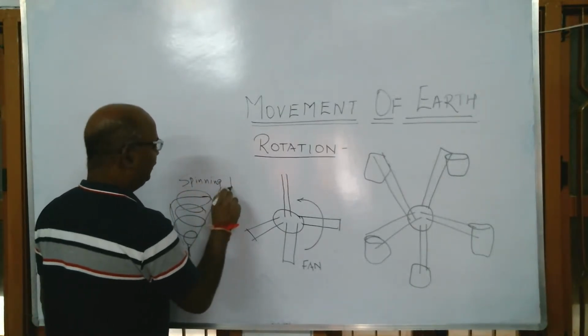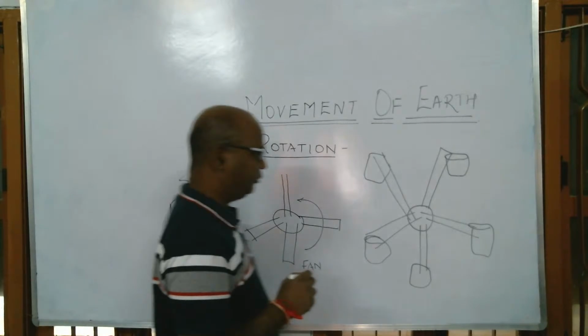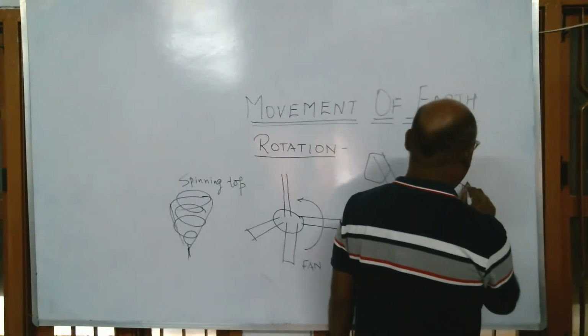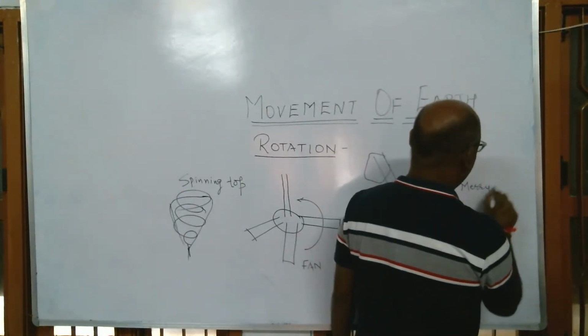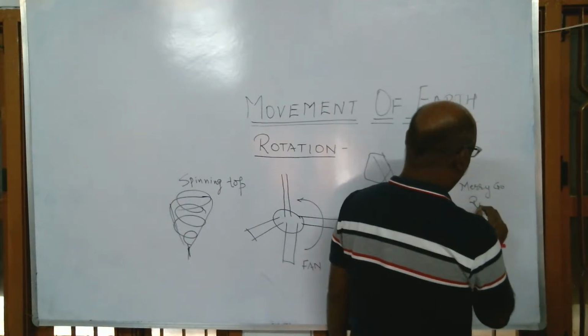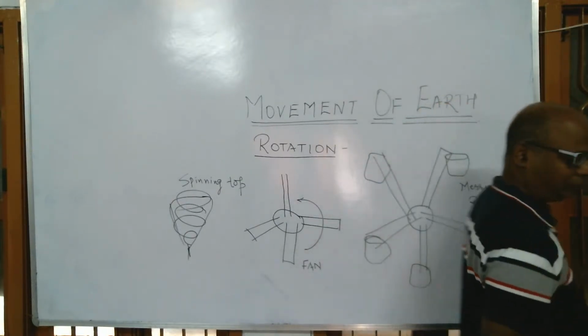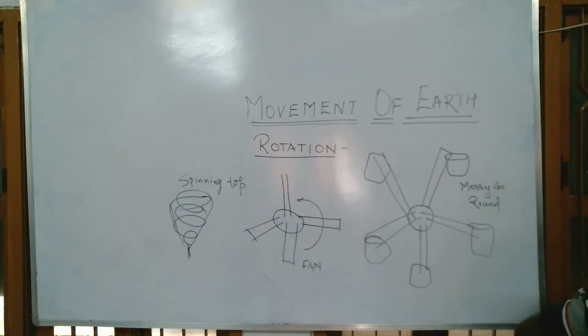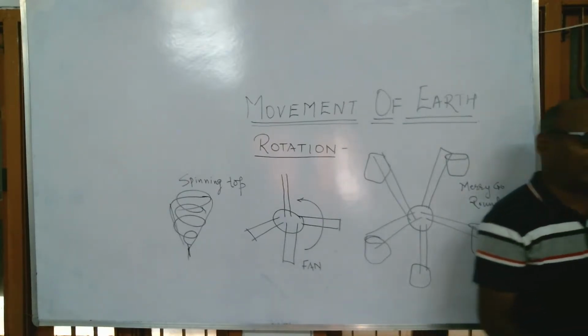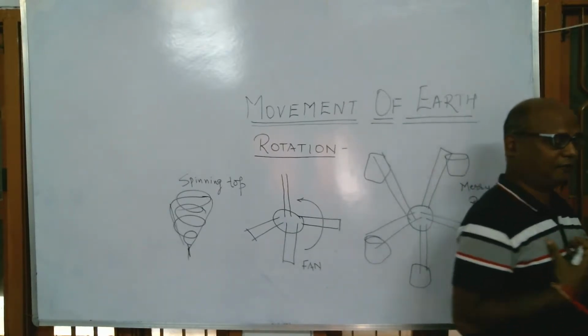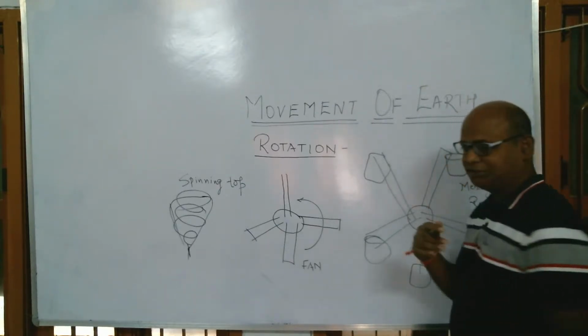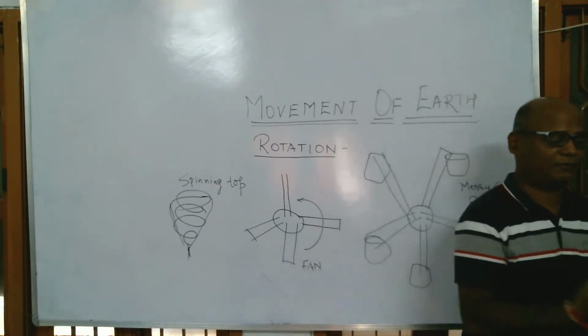Apart from fan and apart from this merry-go-round, blades of merry-go-round, all these are rotating. Then, okay, spinning top is also correct. Now, if I am moving around myself, what kind of motion is this? I am moving around myself.